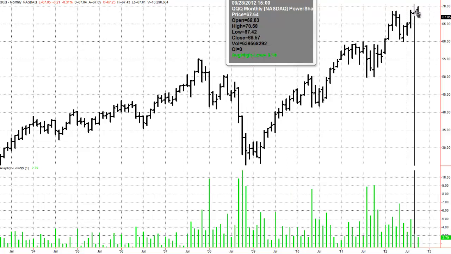Obviously, there would be nothing wrong with that, a wonderfully profitable trade, but here we see the potential inside of each of these bars. These are monthly, and the same thing would apply to smaller time frames.